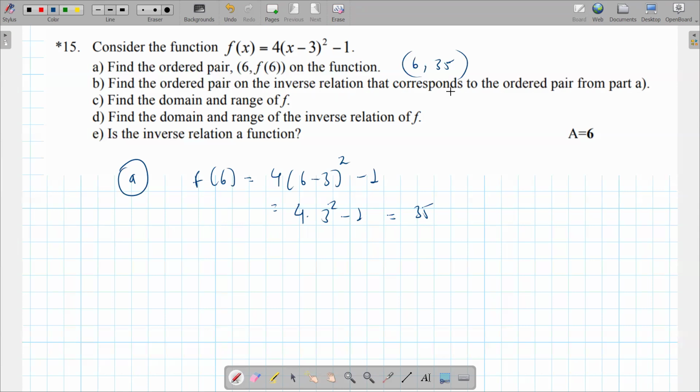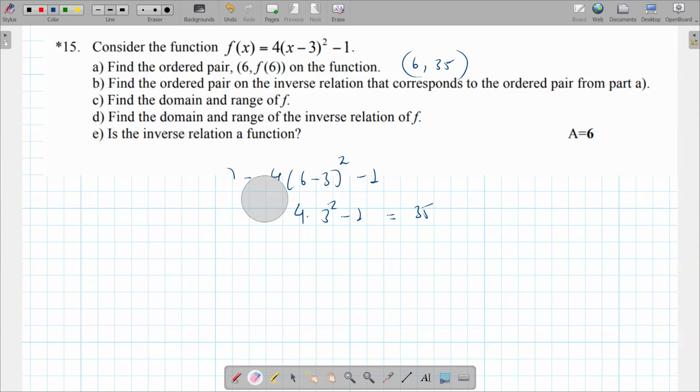Y becomes X, X becomes Y. You remember that? Interchanging the variables, yeah? So if the answer to A is (6, 35), what do you think the answer to B is? Yeah, easy peasy, (35, 6).